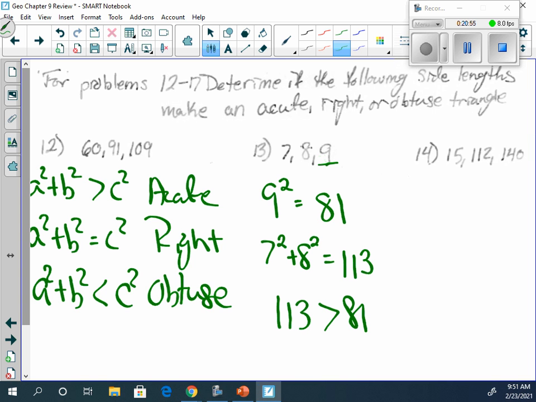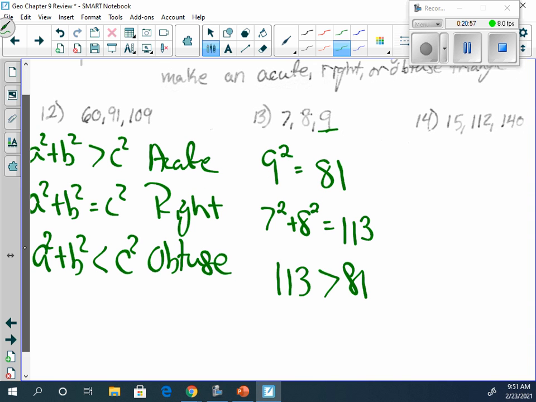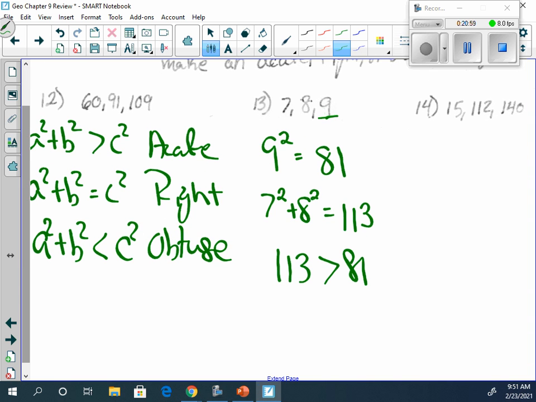A squared plus b squared is greater than c squared. So for this here, our triangle would be acute because a squared plus b squared was greater than c squared. And that's all we have to do for this problem here.